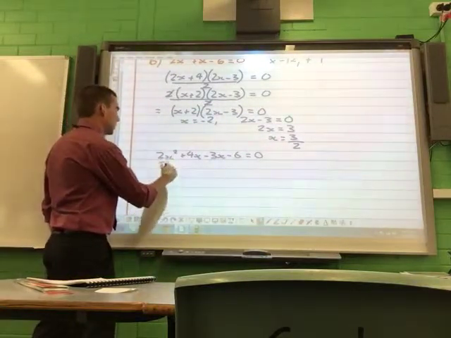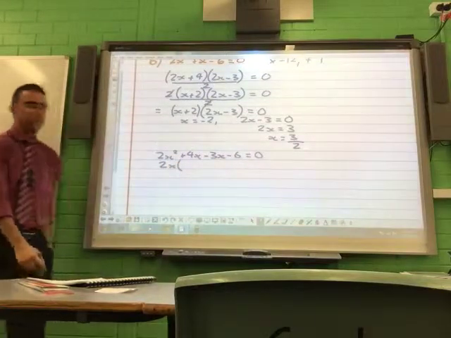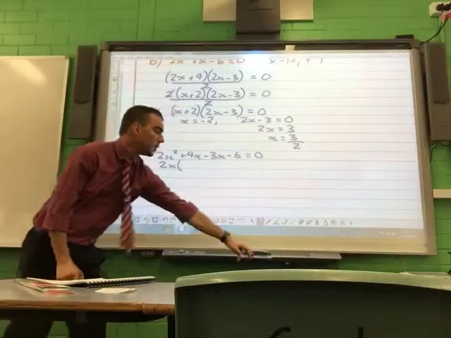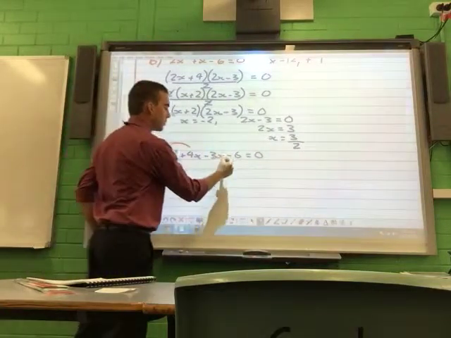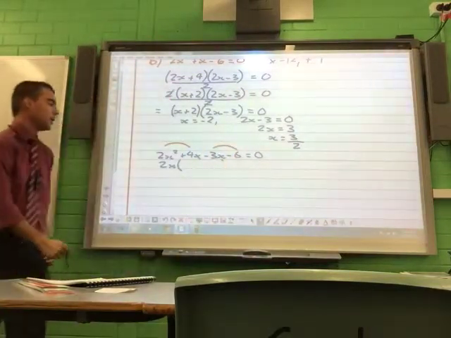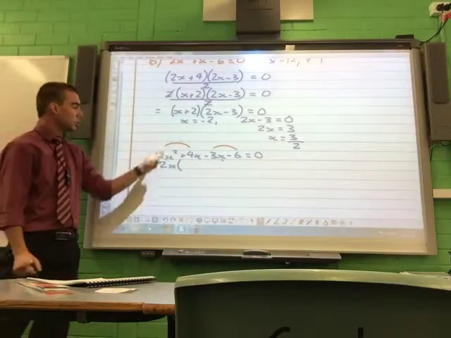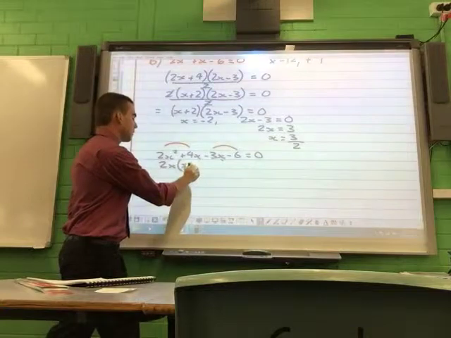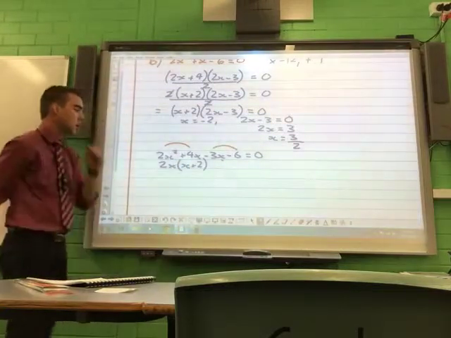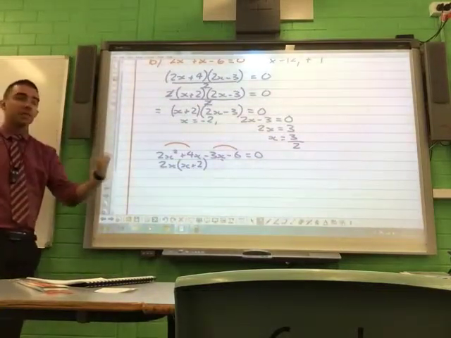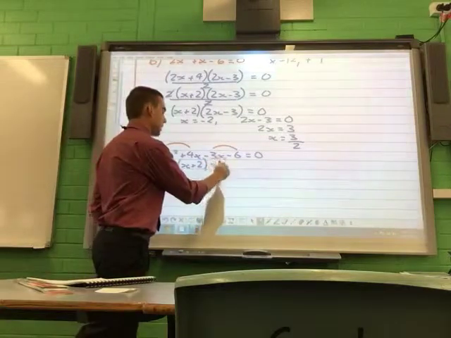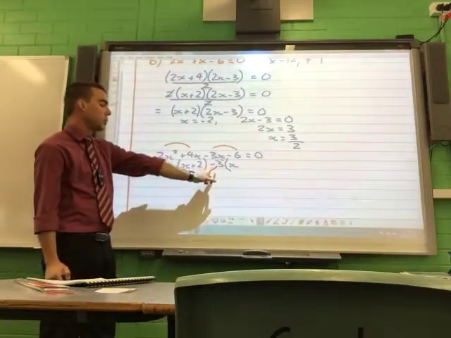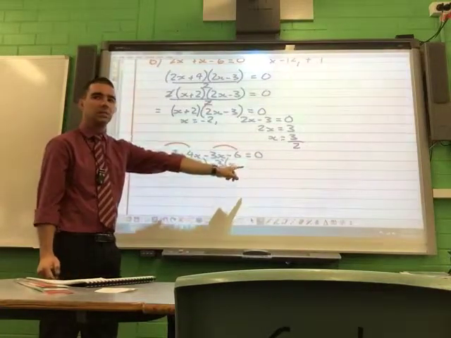So let's factorise the first two terms. I'm going to group the first two terms together, and then group the second two terms together. I've got a common factor of 2x in the first two terms, so 2x outside of x plus 2. I'm going to take the negative out, so negative 3x. Negative 3 times what gives me negative 6?